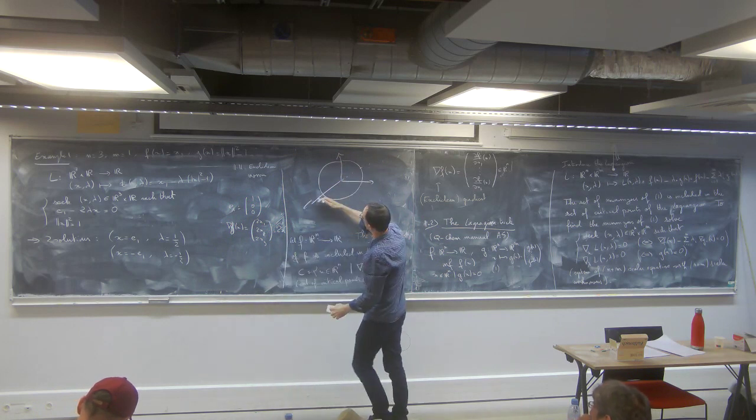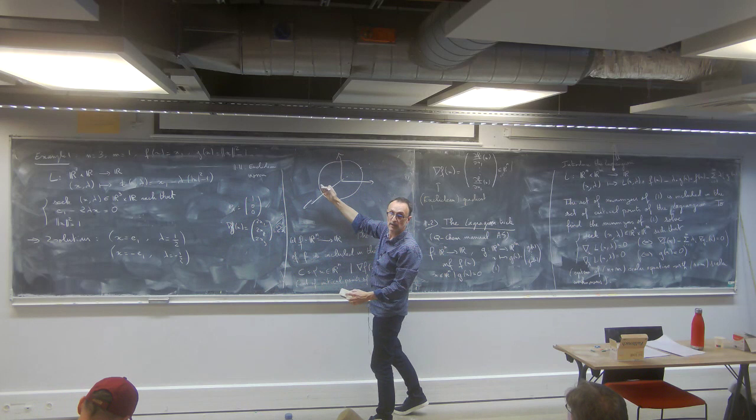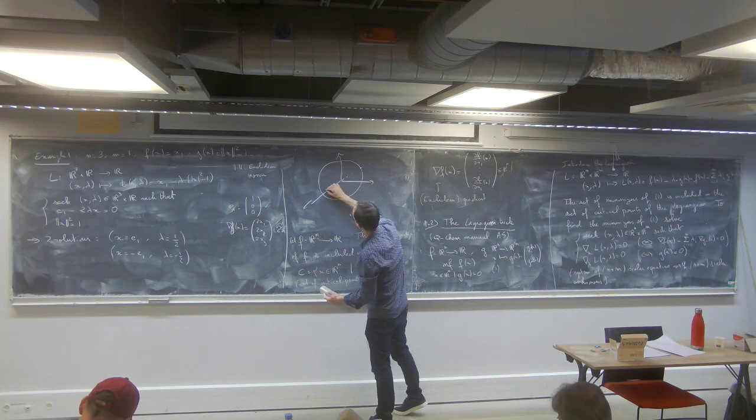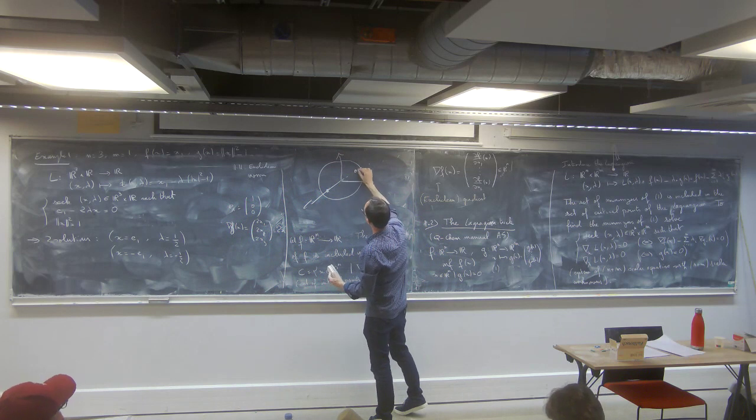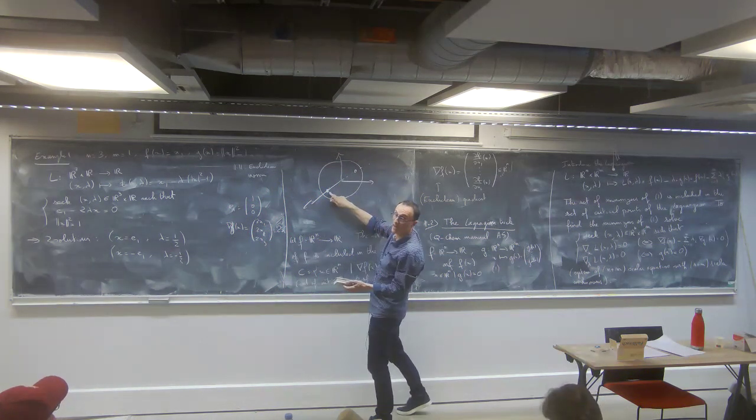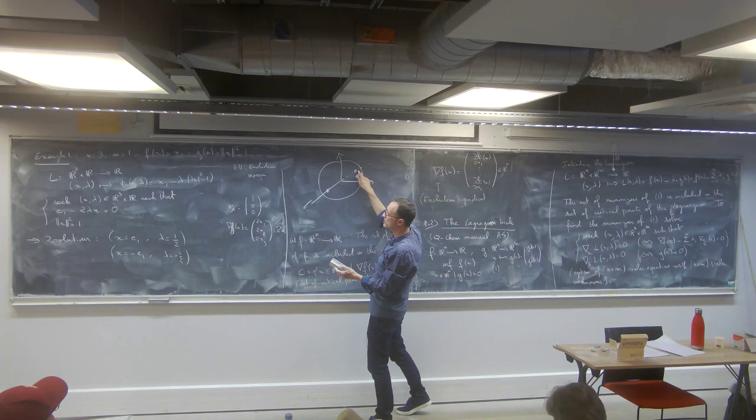You minimize this coordinate over the unit sphere. I'm very bad at drawing, but something like that. So you find this point, which is E1, and this one is E2. So this one is a maximizer, in fact, and this one is a minimizer.